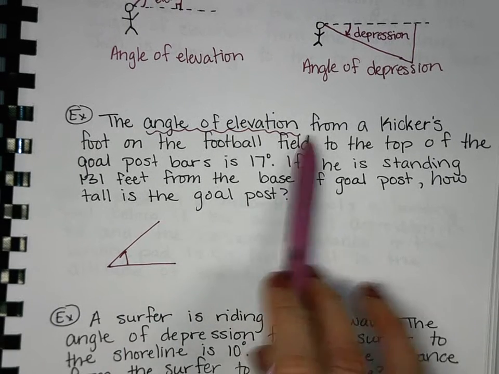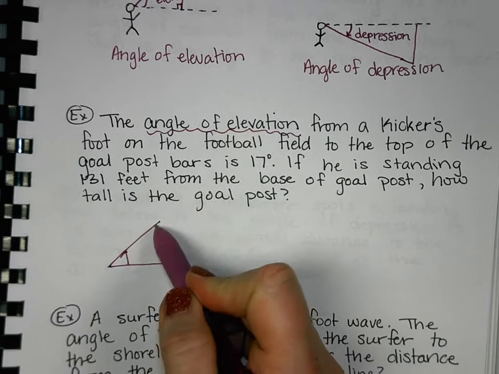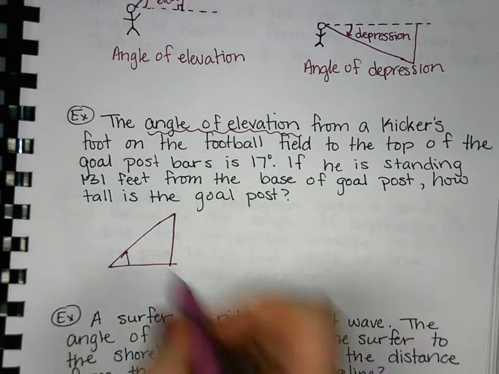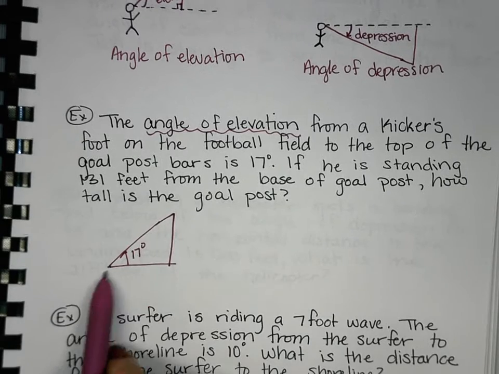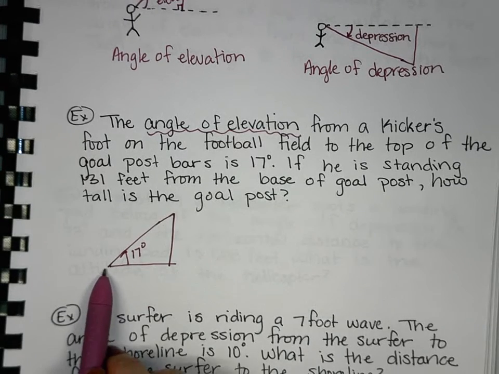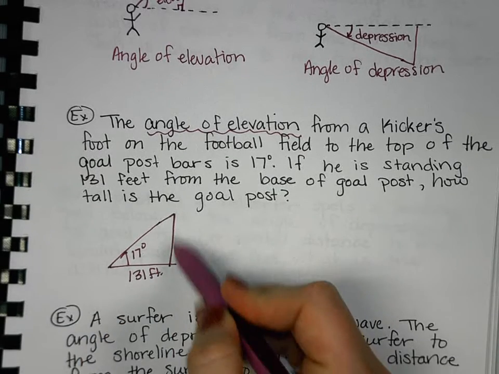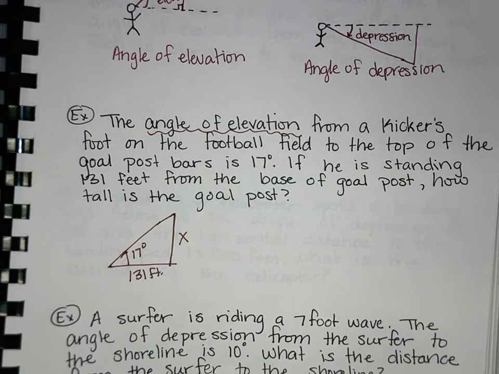So the angle of elevation from the kicker's foot on the football field to the top of the goal bars, so these are the top of our goal bars, is 17 degrees. So that angle from horizontal to the terminal side is 17 degrees. If he is standing, so this is our footballer's foot, if he is standing 131 feet from the goalpost, so here's our goalpost, it wants to know how tall the post is.